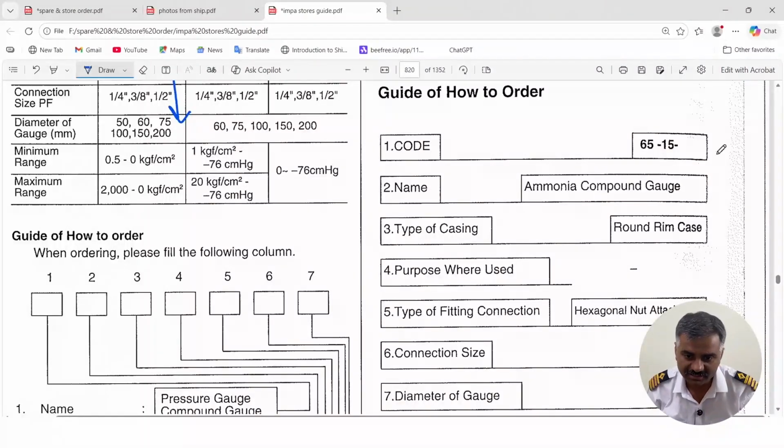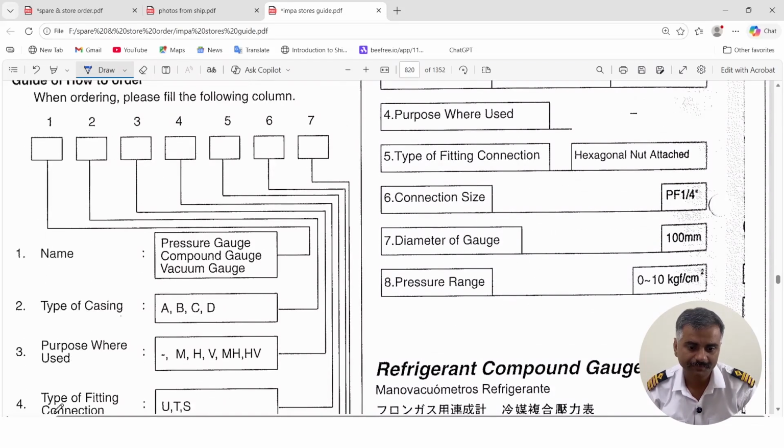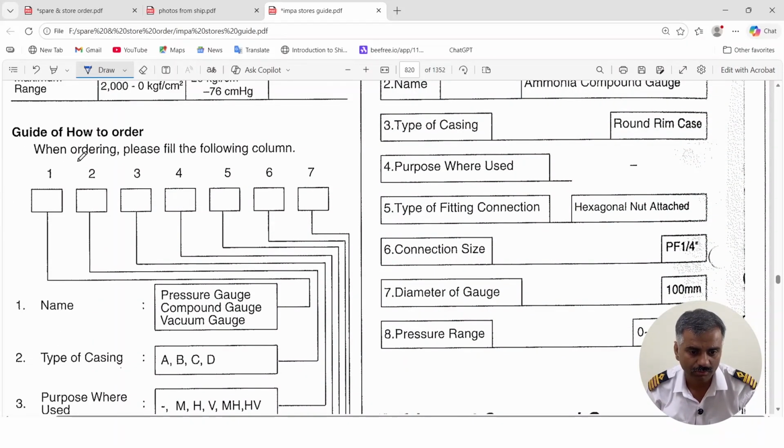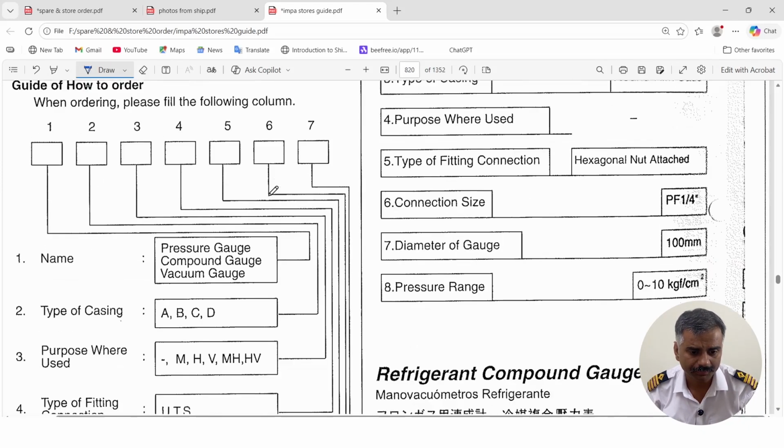You need to give the vendor some more details regarding the pressure gauge. Other things like valves and spanners will be ordered directly with code numbers. But with pressure gauge, like you have 6515, but the last part you have to mention details. You can see here, guide on how to order. When you are ordering, please fill the following columns.